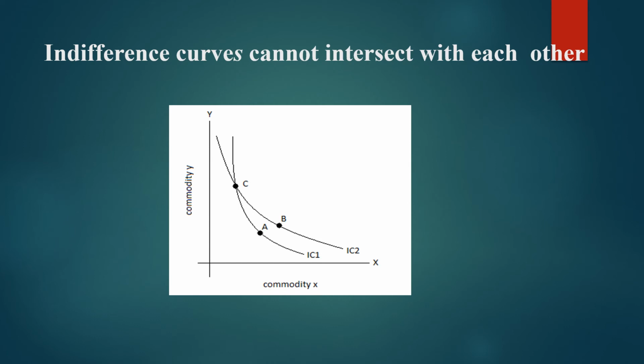It is not possible to have higher satisfaction on IC2 and lower satisfaction on IC1 for the same point C. So indifference curves will not intersect each other. They will not cut each other.